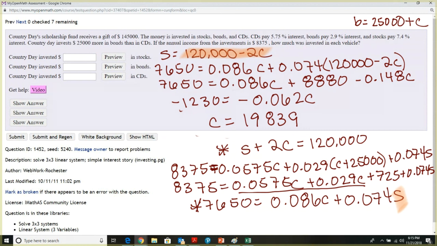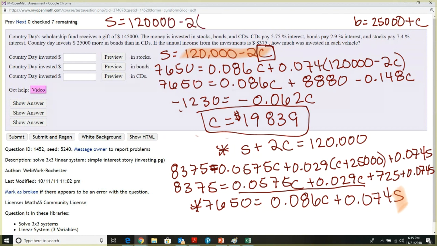Now, what are we going to do with that? Well, back on up. So we're saying we're putting this much into the CDs. So now I can plug that in here. You see that orange equation up there? So S is equal to 120,000 minus 2 of these.